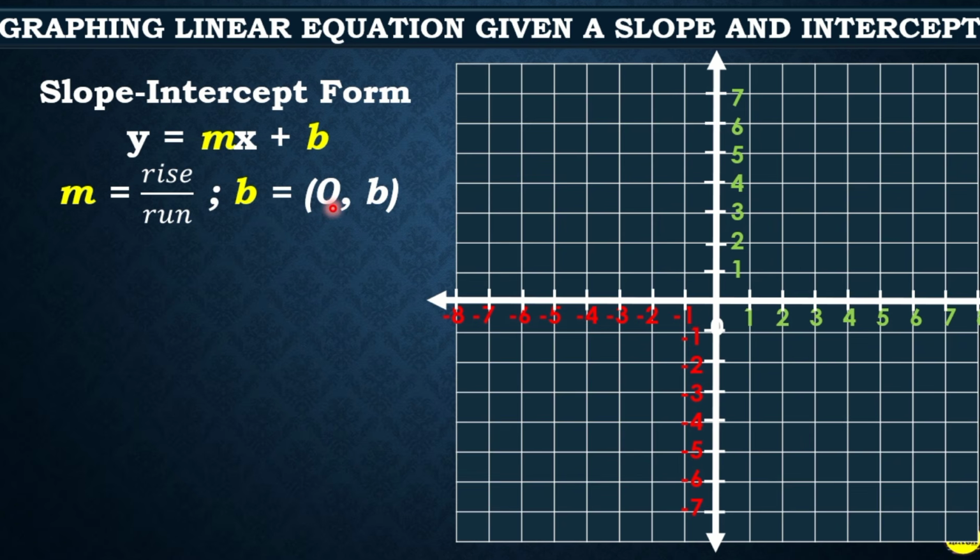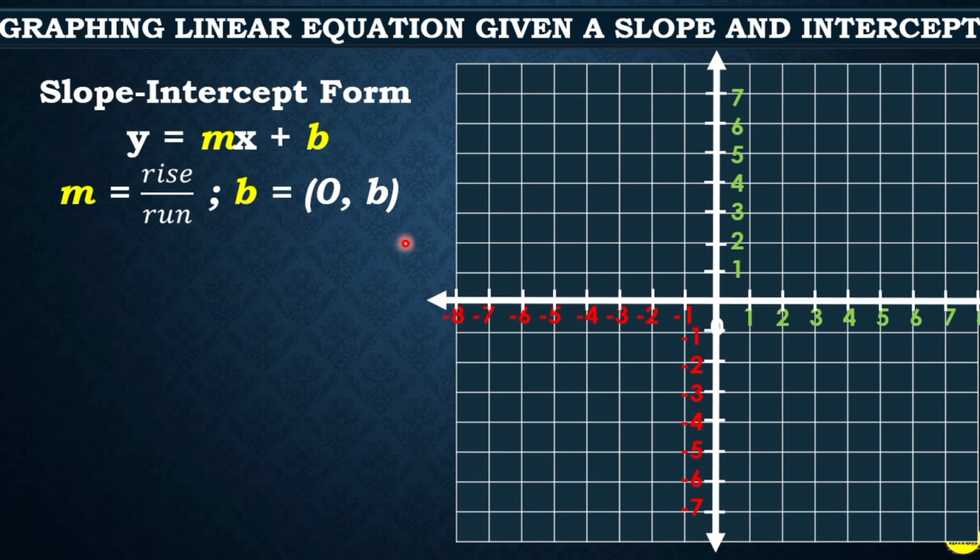So, we make it an ordered pair (0, b). Your b is your y-coordinate since this is your y-intercept. We put it here, as an ordered pair, so we can plot it. Now, in graphing a linear equation using the slope-intercept form, what do we plot first?